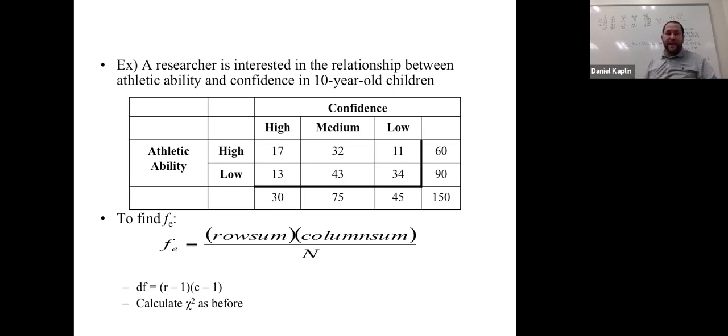Now, for this to make sense, I'm going to advance the slide and I'm going to work through it. And then I'm going to put this on the board and do it one by one.